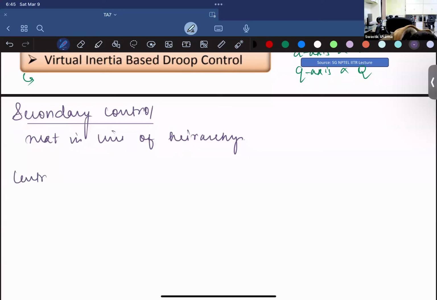Then you have a central control. As I said, this is the control that handles the whole microgrid operations. Local control was for a particular set of hardware. Then came secondary control to assist the local control. Now you have a central control that issues control signals to control the whole microgrid.